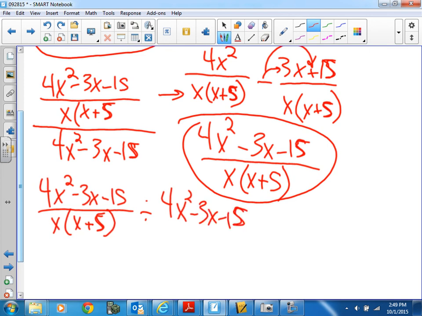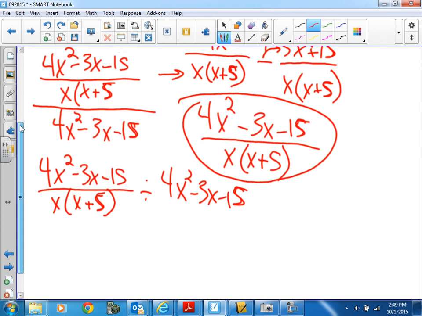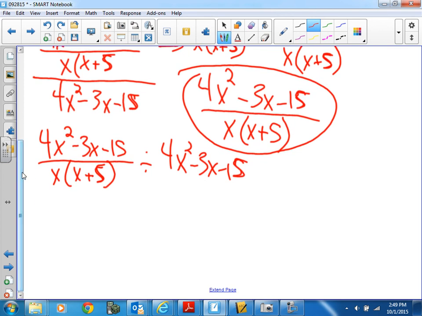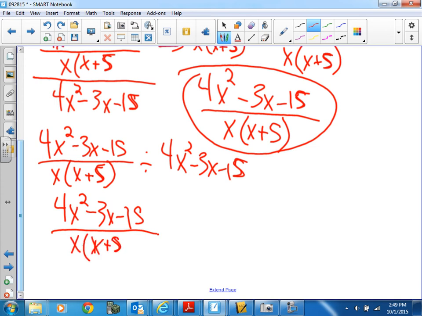Now, you might be tempted to start factoring, but I would not factor, and you can't cancel until you actually begin multiplying. I would wait to do all that till I got it in multiplication form. So it's going to be 4x squared minus 3x minus 15 all over x times x plus 5.